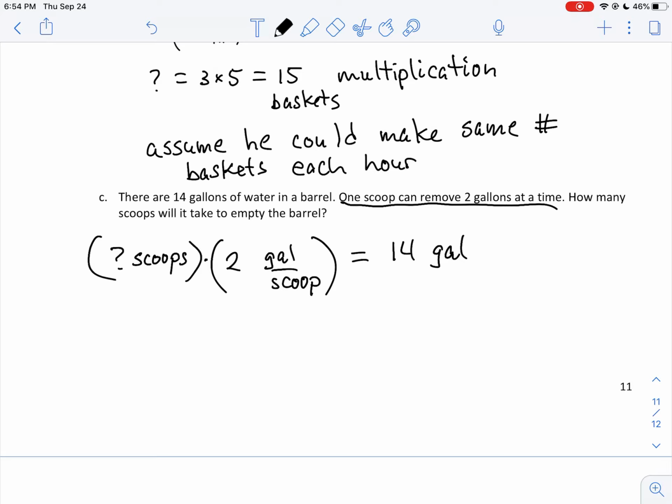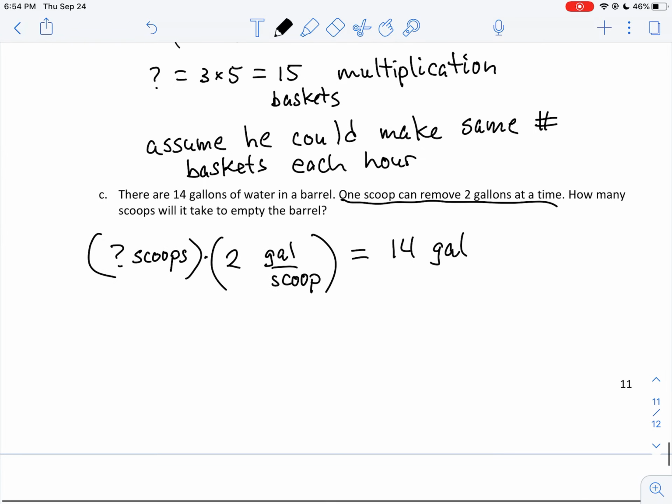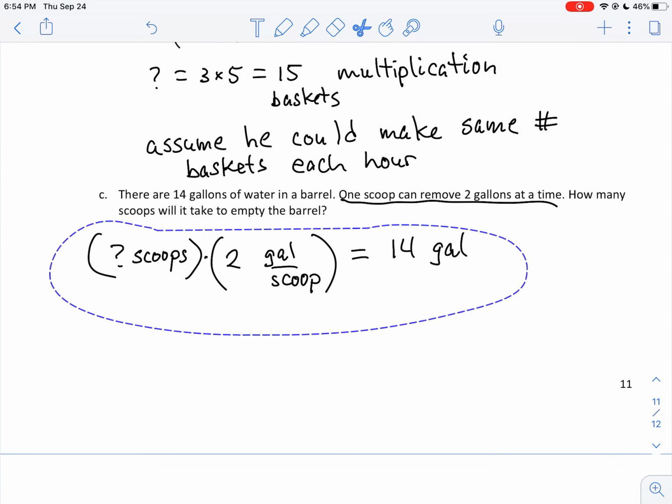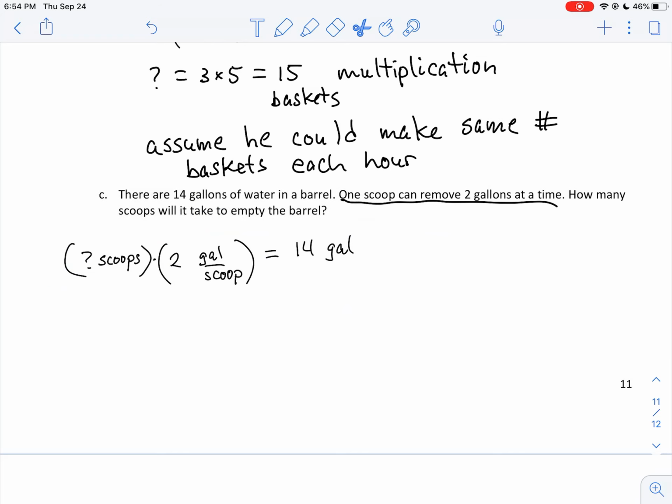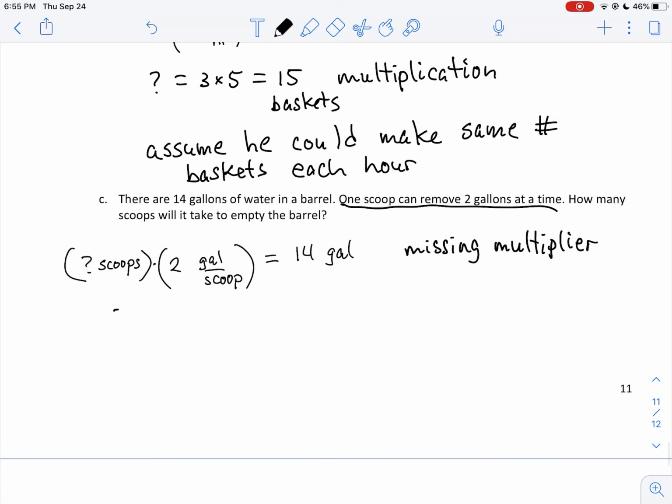And this is our multiplicative structure. How many scoops times 2 gallons per scoop will give me the 14 gallons total? Well, this is a missing multiplier task, which suggests that we can resolve it through division.